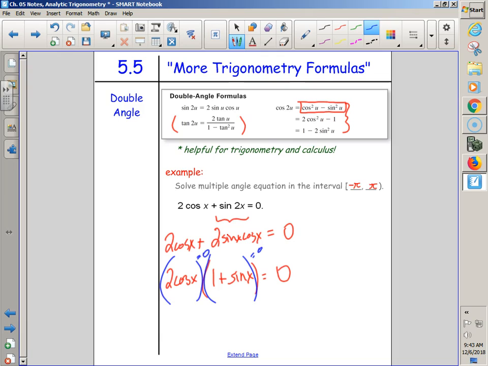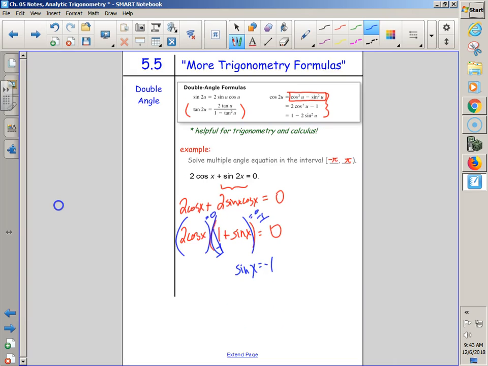So all those problems you saw in section 5, the nice little basic ones. Now, some were difficult. I'm not saying they weren't, but they weren't using these further formulas. When does sine equal negative 1? We'll talk about it. When does cosine equal 0? We'll talk about it.